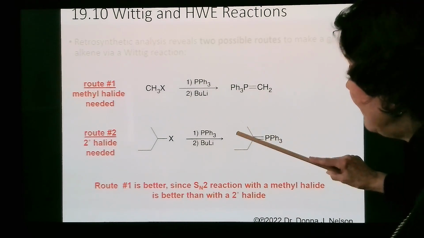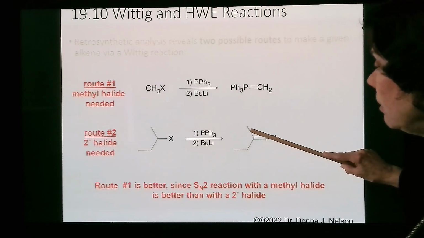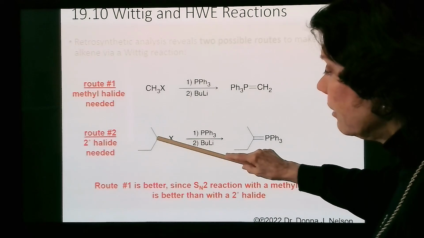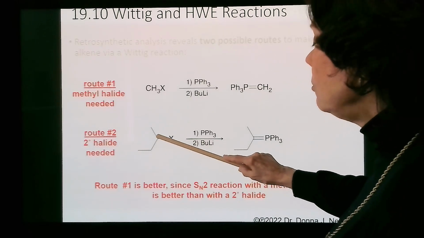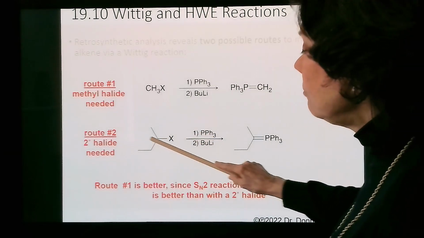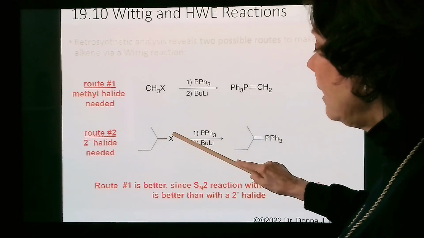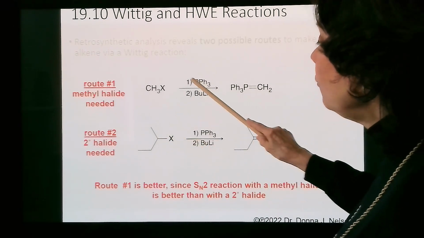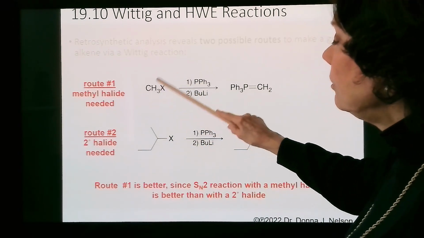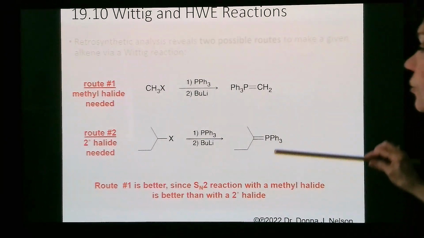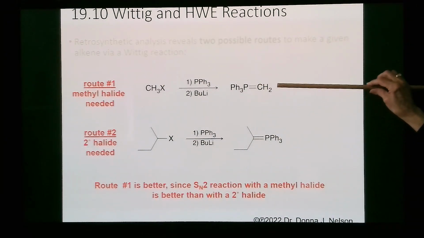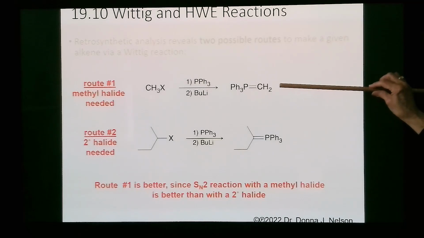Since this is more sterically hindered, and you need to do an SN2 reaction here to displace the halide, whereas here you'd also need to do an SN2 reaction to displace the halide, the top reaction is going to be favored.